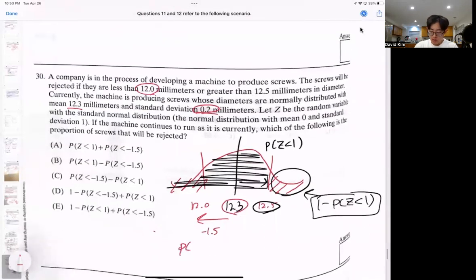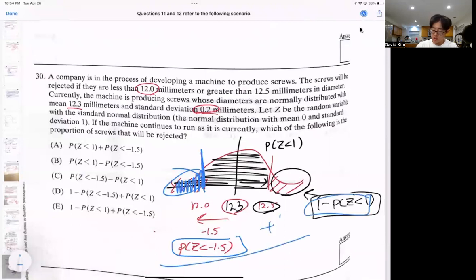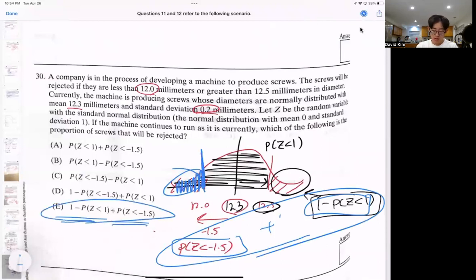So that is the probability of Z less than negative 1.5. And that's quite easy because remember, the Z score probability is always calculated from the left. So the probability of Z less than negative 1.5 is simply going to be that. When you add these two together combined, that's going to be the answer. It seems to me that I have the last answer here, which is E. That part is represented on the right-hand side. That part represents the probability on the left-hand side. And so the correct answer is E.